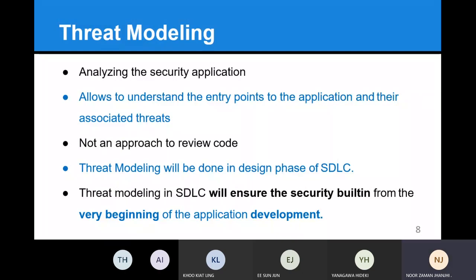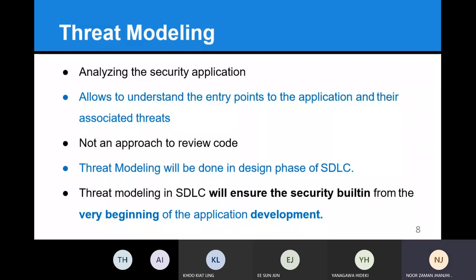So it is not an approach to review the code. Again and again, remember we discussed in our previous classes: being a secure software engineer, it is not your job to write the code. It is not your job to review the code and pinpoint what the errors in it are. Your job is to see the functionality of the code, how it is performing.